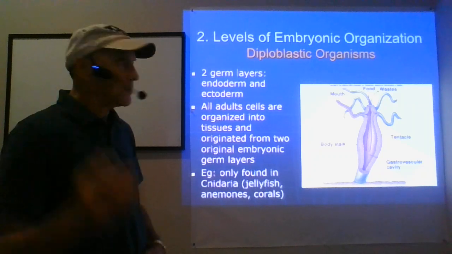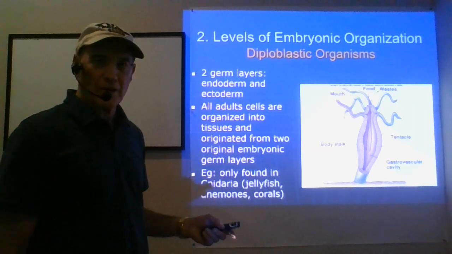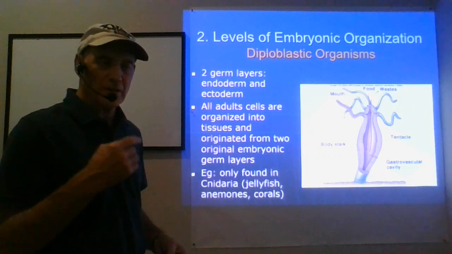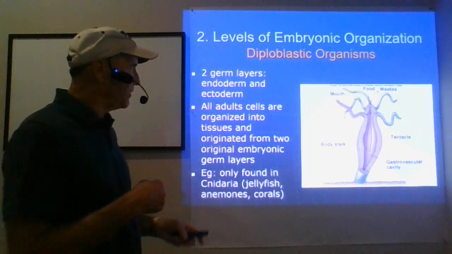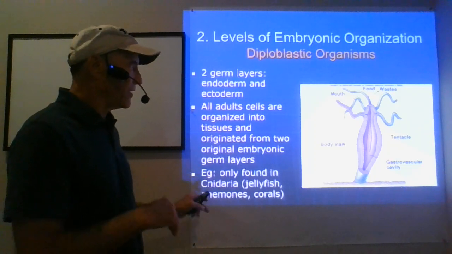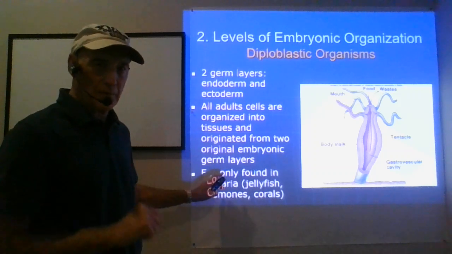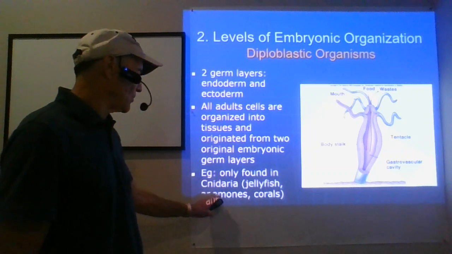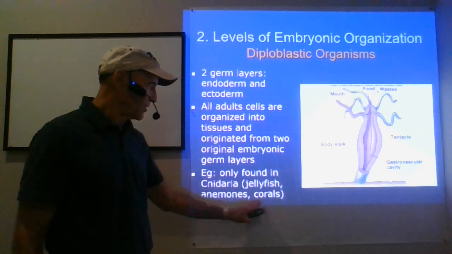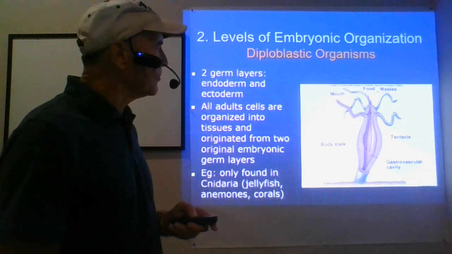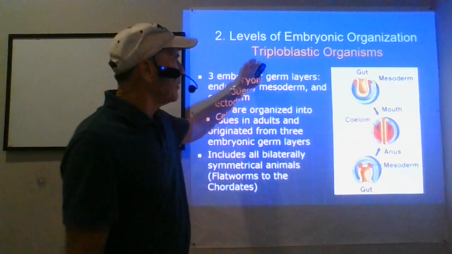Now we move up to Cnidaria, and we saw they have radial symmetry, and they have embryonic tissues that first developed in two types, only found in the Cnidaria, jellyfish and sea anemones. But then the rest of the organisms that we're going to look at are triploblastic organisms.